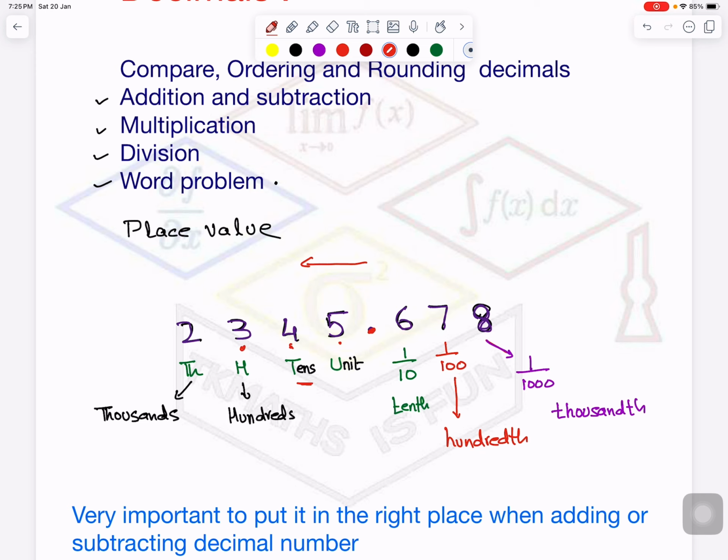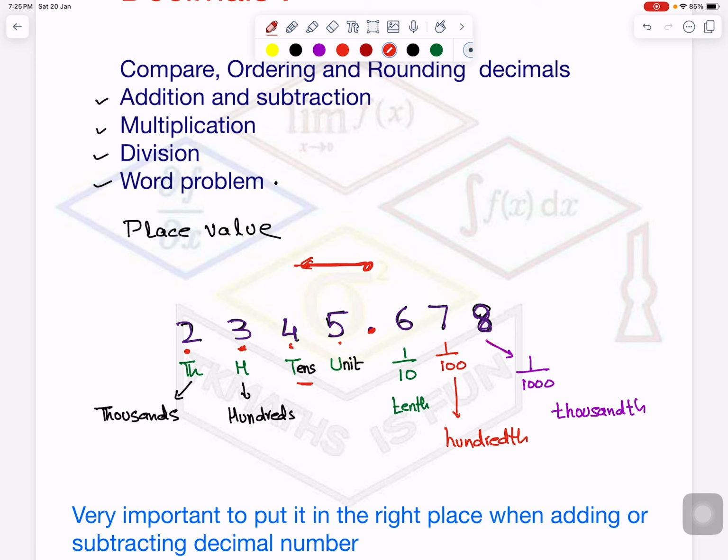Then the third digit, 3, has place value hundreds, and its value is 300. Then this 2, its place value is thousands, and its value is 2000.